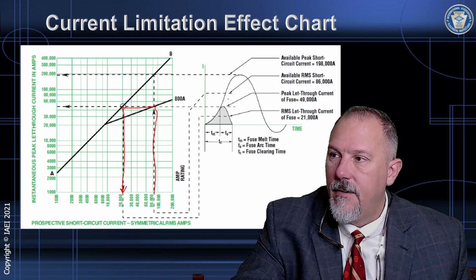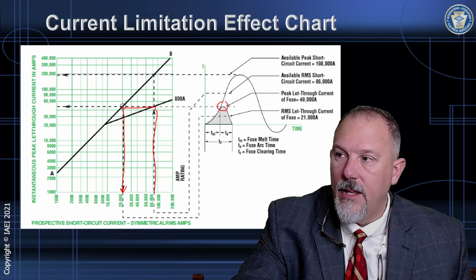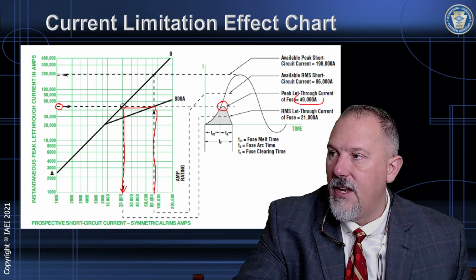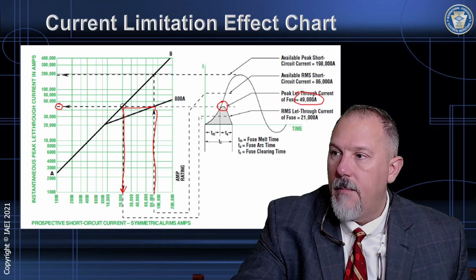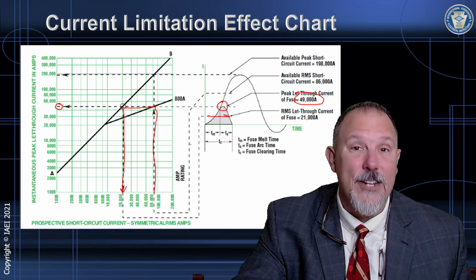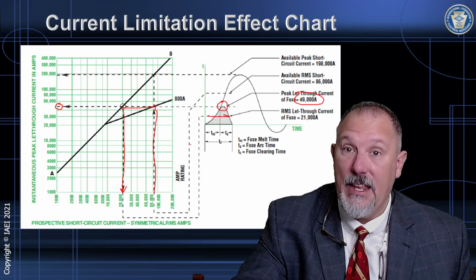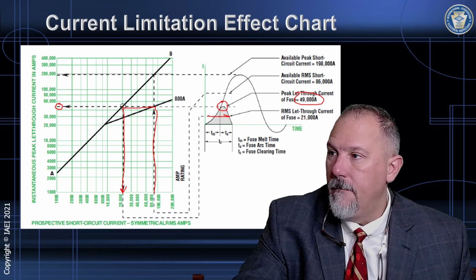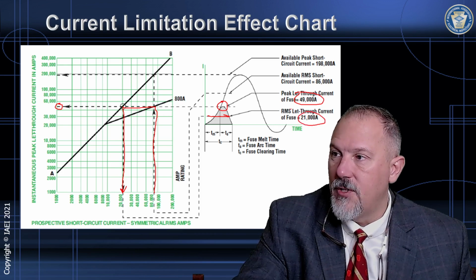My peak of what is resulting would be around 49,000 amps. My RMS value for the resulting current limited event would be 21,000 amps.